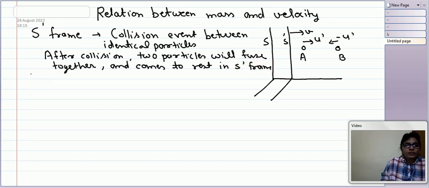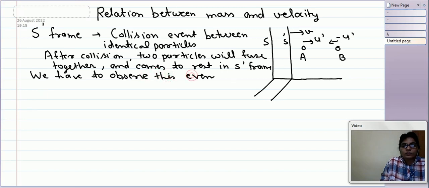Now we will see what will happen to this event in the S frame, which means we have to observe this event in the S frame. In the S frame there are again two particles. Let us say one has mass m1 and velocity u1, and the other m2 and u2.